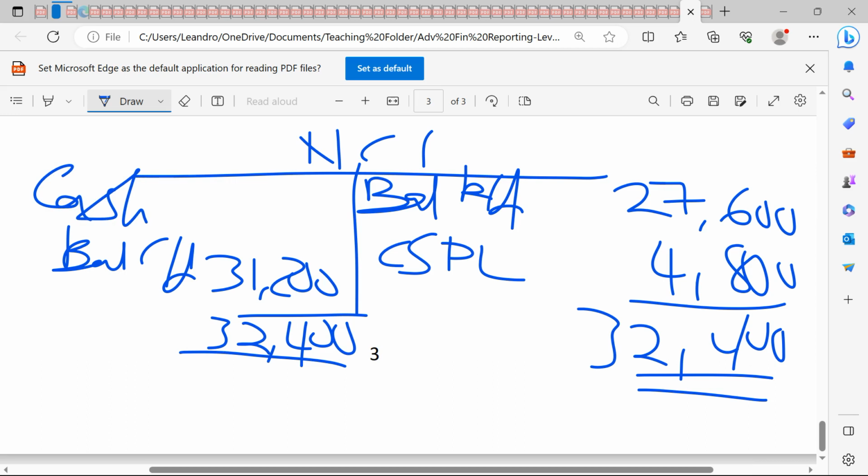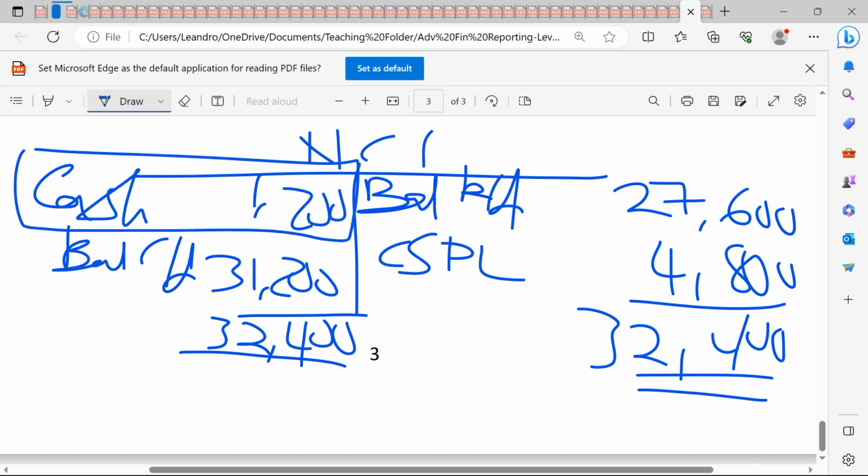So we are debiting NCI and we are crediting cash. Cash outflow is 1,200. So that's what we are saying, that for every item, you will prepare a T account. So that's for the first review question.